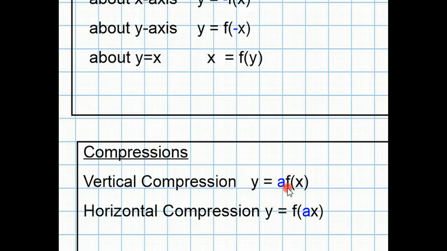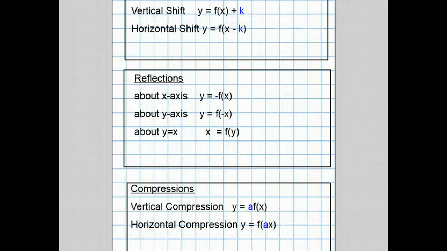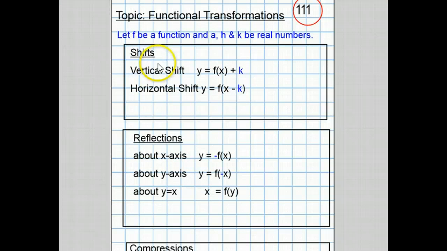By multiplying a number times the function, I will get a vertical compression, and multiplying a number times the input, I will get a horizontal compression. So even though the function is not specific, we still have these same situations. And that's going to occur even with an exponential function. So right now we're going to talk about the three different sets of transformations that can occur with exponential functions.